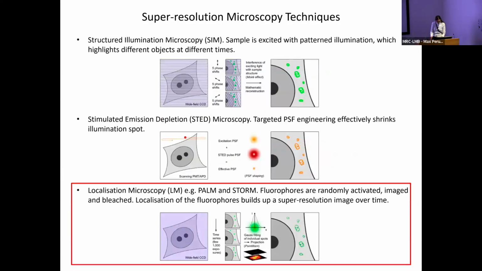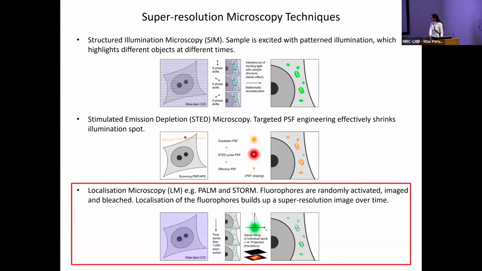And now the last type of super resolution microscopy, which is single molecule localization microscopy with PALM and STORM. So this technique uses the fluorophore photochemical properties.